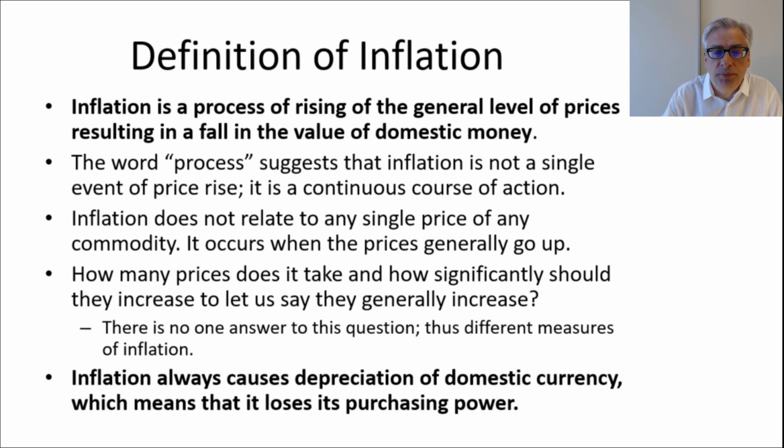So we speak of the general level of prices. We see prices growing. Some of them grow faster, some more slowly, but generally speaking, prices grow. How many prices does it take, and how much should they increase so that we could say they generally increase? That is a difficult question, obviously.